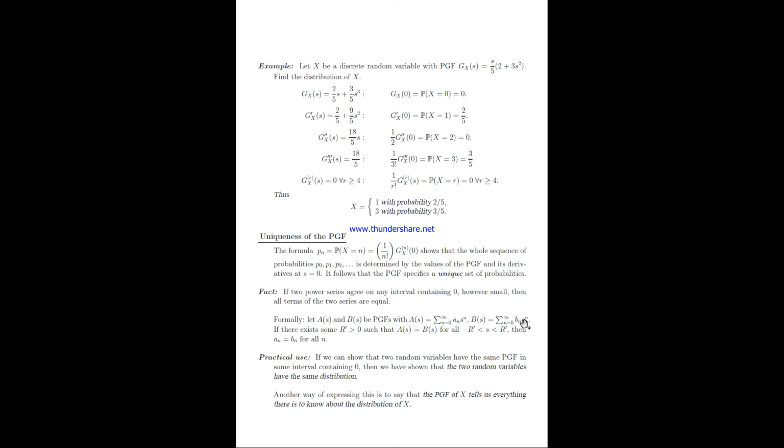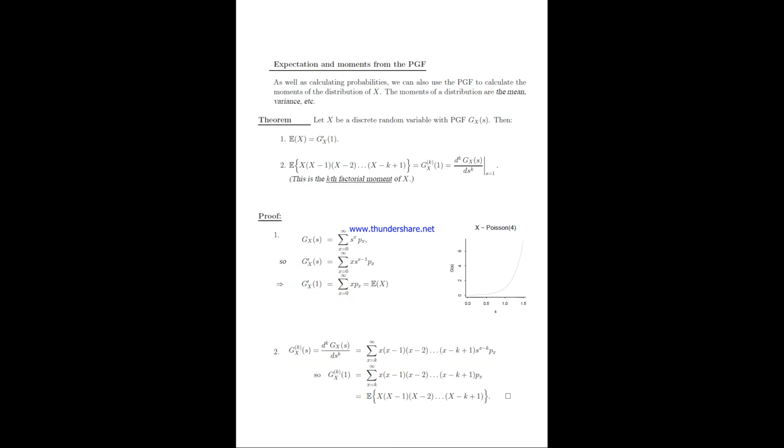That is, a_n and b_n are the probabilities. So if two probability generating functions are defined on the same interval containing 0, then a_n and b_n should be equal as well. We can use this property when working with probability generating functions.